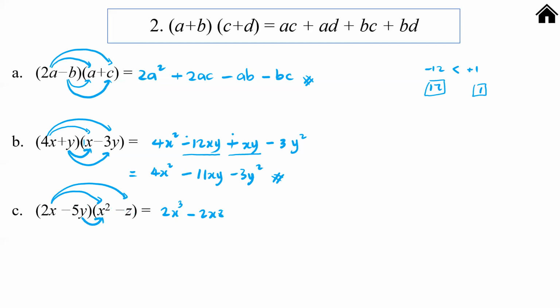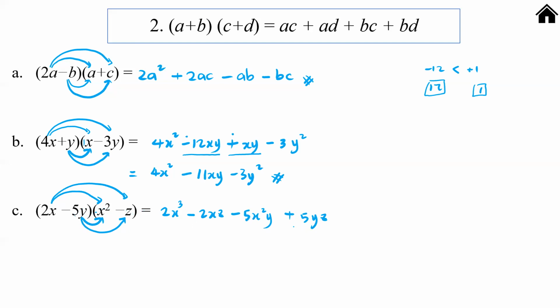Settle the sign, negative times the positive here, so negative. Number 5 times 1 is 5. Y times x squared is x squared y. Followed by the last arrow. Negative times negative is positive. 5 times 1 is 5. Y times z is yz. Okay? Settle the sign, settle the number, and settle the variable.